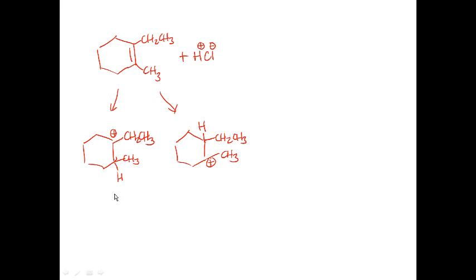But in this case, what do I have here? I've got a tertiary carbocation, and here I've got a tertiary carbocation. And so in this case, remember, tertiary carbocations are the same stability whether they have a methyl, ethyl, propyl, or a 100 carbon chain. So just the fact that it's tertiary makes these two carbocations of equal stability. So that means that in this particular case, I would get a 50-50 mixture of these two addition products.